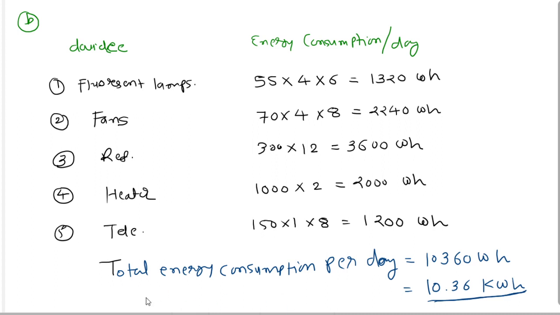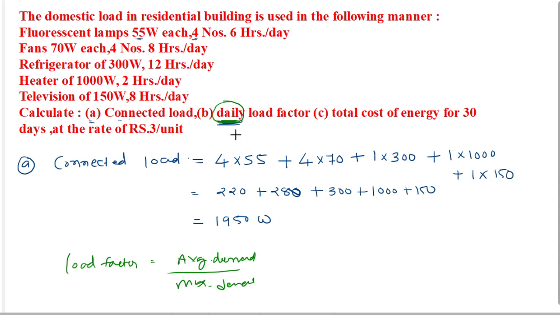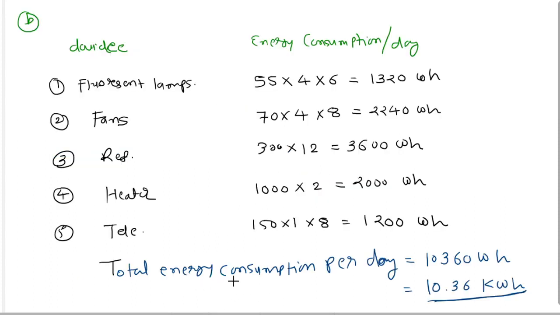We know that our task is to find the daily load factor. So we have to find the daily average demand and the daily maximum energy consumption, maximum demand. Total energy consumption per day is 10.36 kilowatt hour, that is our daily average consumption. Now the maximum energy in a day.